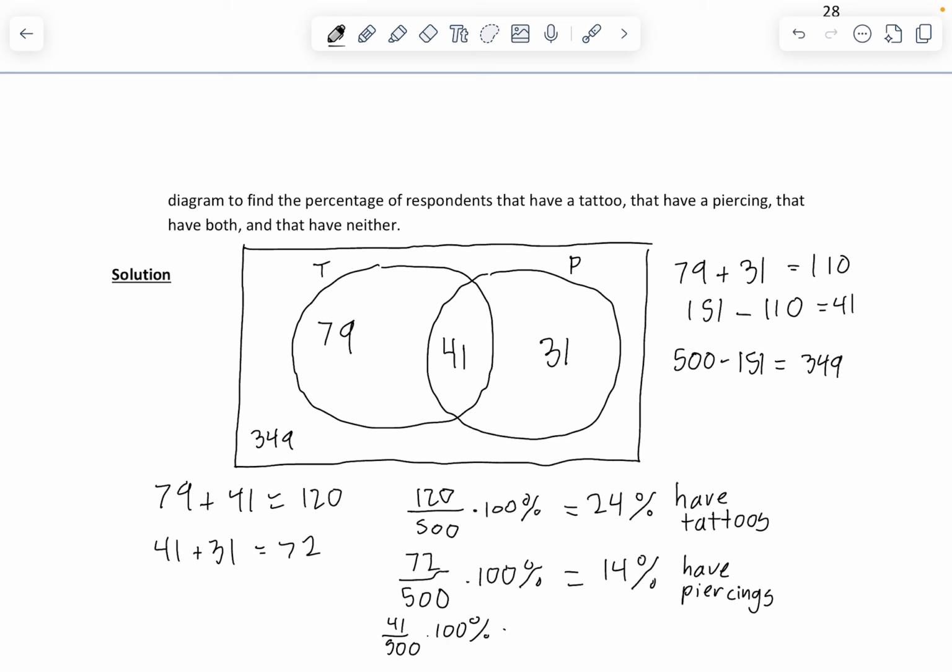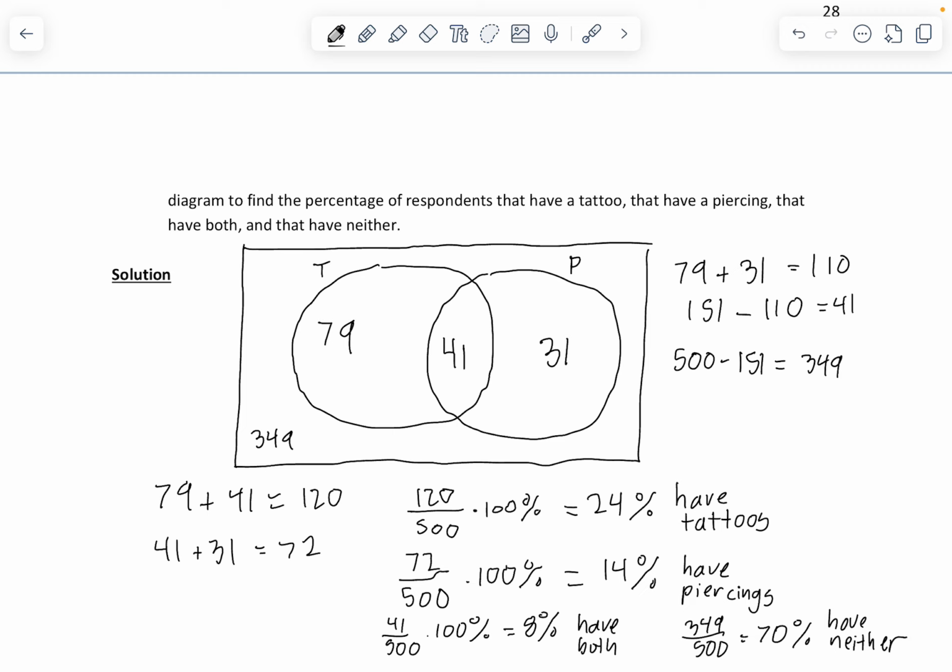That works out to be about 8% have both. And then 349 have neither, so as a percentage, 349 out of 500, that works out to be about 70% have neither.